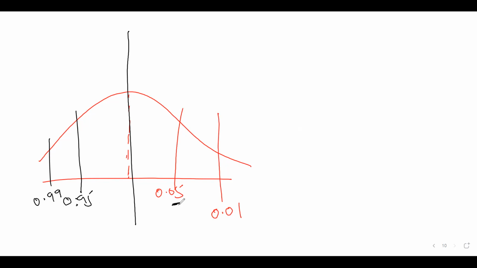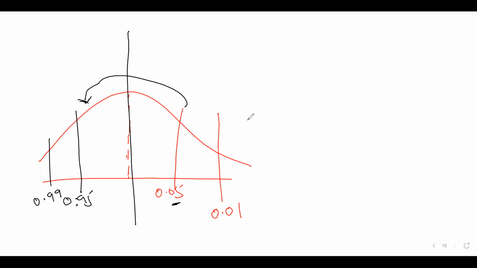But if it's in the negative region and it's 0.05, you rather read 0.95. This table doesn't work like the conventional T and Z tables. This is a little bit different, so pay attention to it.